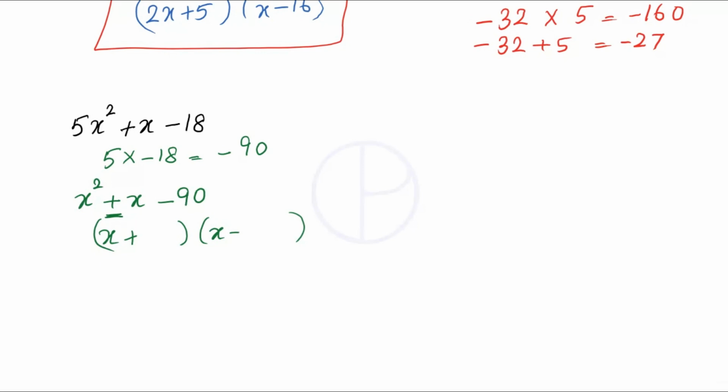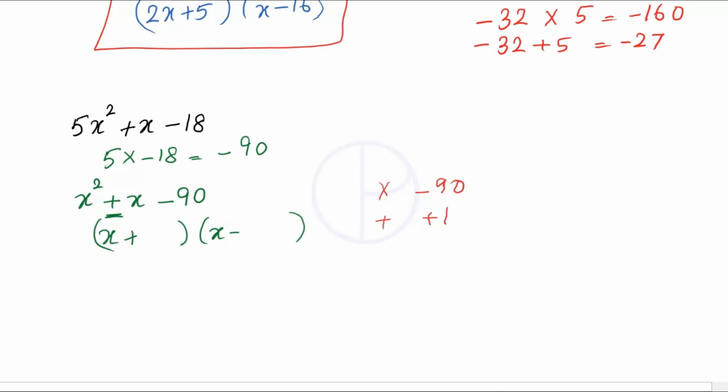To figure out what goes in the bracket, we will use the usual trick, that is finding the two numbers that multiply to negative 90 and add up to positive 1.